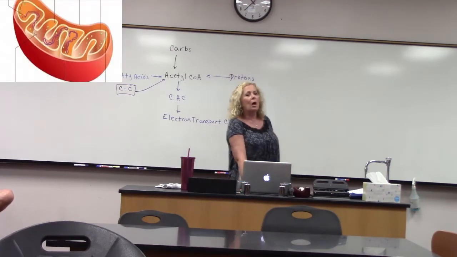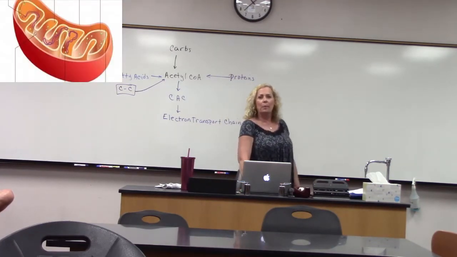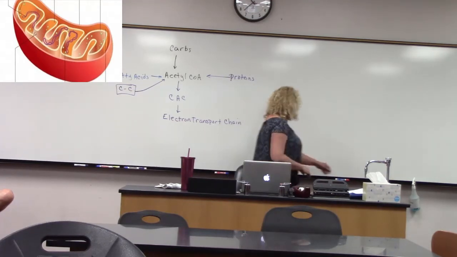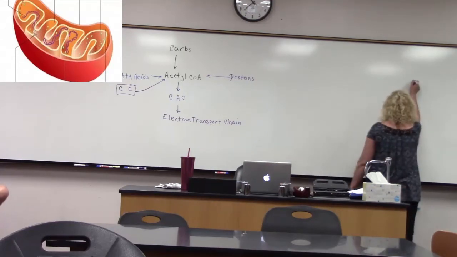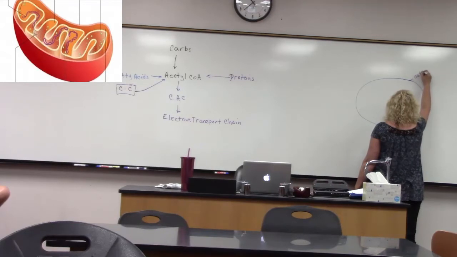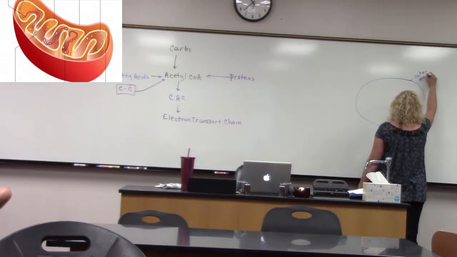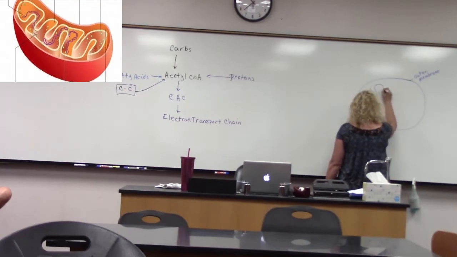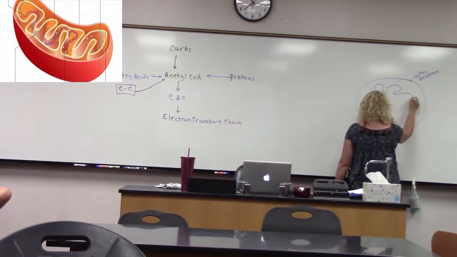So our mitochondria, this is just one that's chopped in half so we can see the inside of it. It has 2 layers to it, or we can say it has 2 membranes. So basically you have a mitochondria that has an outer membrane, and then we have an inner membrane.